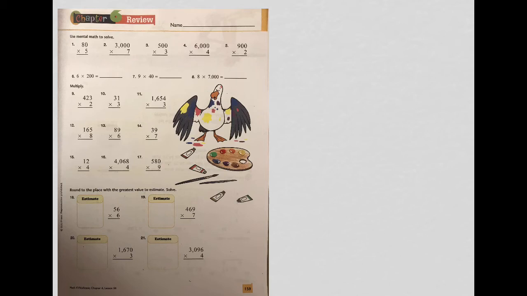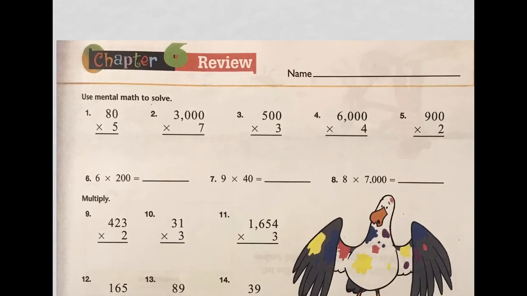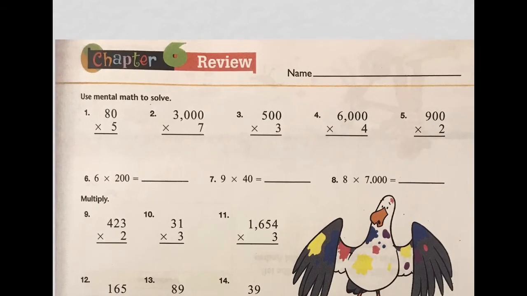All right, so let's look at the first part right here. You're going to use mental math to solve. Remember, we talked about the zeros. You can ignore those. You can just do the 7 times the 3 or the 5 times the 8, and then you just add back however many zeros there are.